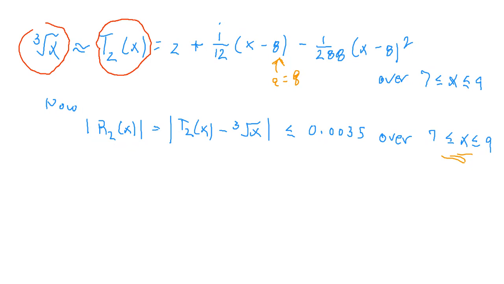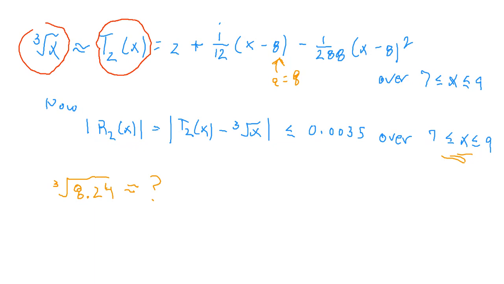So, for instance, we could try to approximate the cube root, let's say, of 8.24. What's the cube root of 8.24? Well, you put it in your calculator, you get an answer, right? But how did the calculator get an answer?